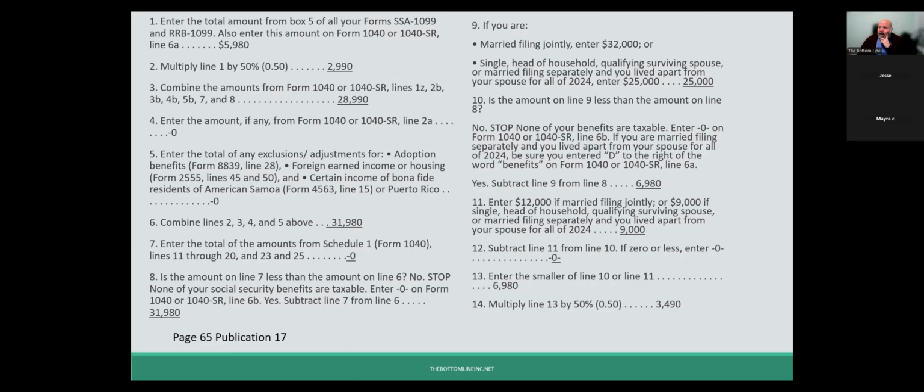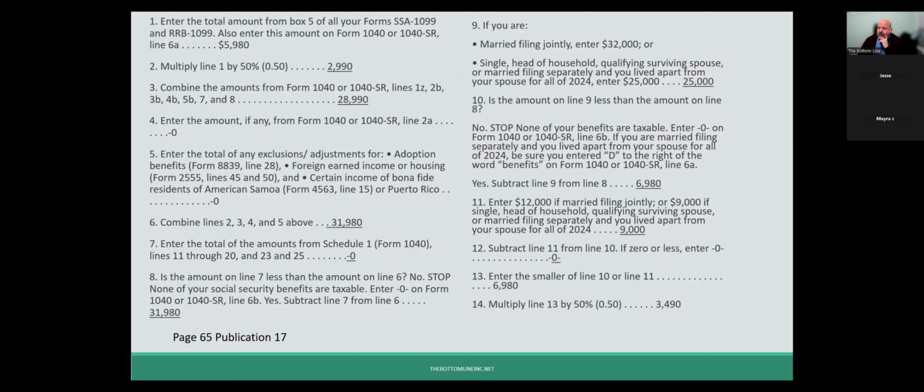So when we combine half of Social Security and all the other income together, we get $31,980. If you guys need me to stop, just say stop or shoot a text here in the chat. So is the amount on line 7 less than the amount on line 6? And again, all of this worksheet is read the line and just, is the amount on line 7 less than 6?